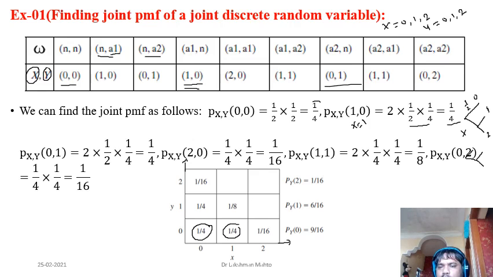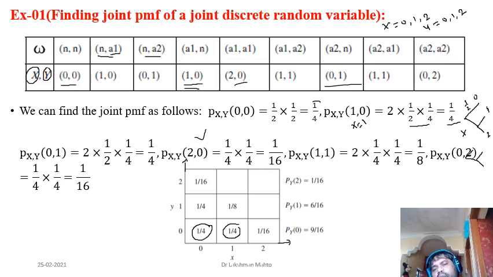This is the 2 0 event it is talking about, and 2 0 means x equal to 2 and y equal to 0. From there you can easily calculate, it is 1 by 16. Okay, so all these are coming in together. So these are the values.